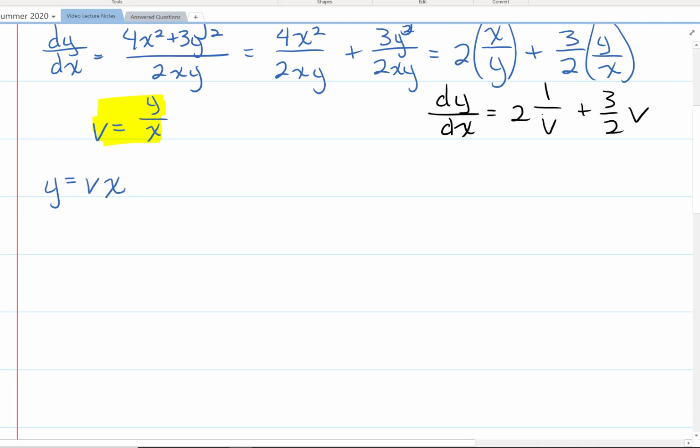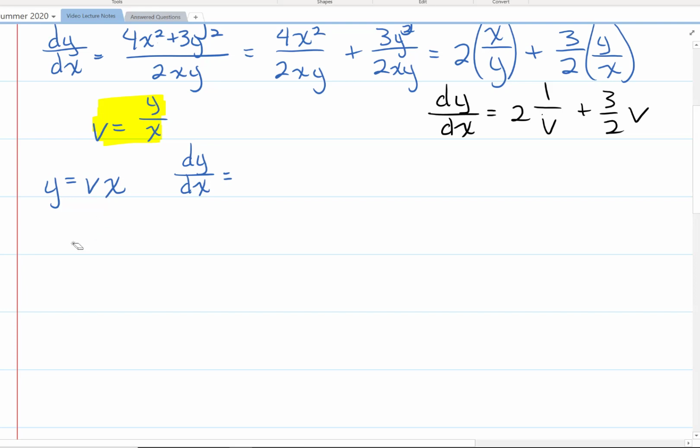Solve for y. Now you've got to find dy/dx. Okay, so now we've got to find what dy/dx is of this so that we can substitute it in there. All right, now the nice thing about finding dy/dx is it's always going to be the same. It'll end up being the same thing if this is our substitution.